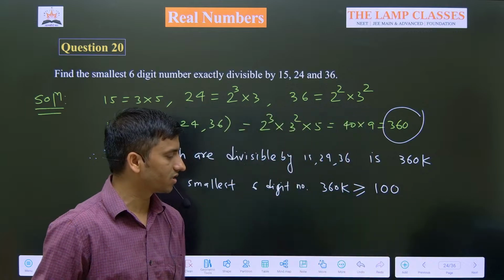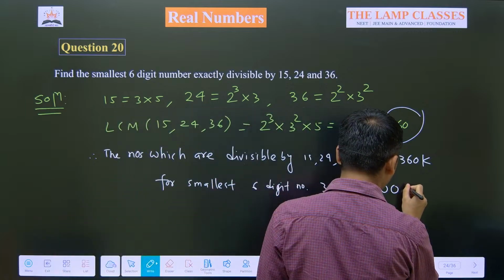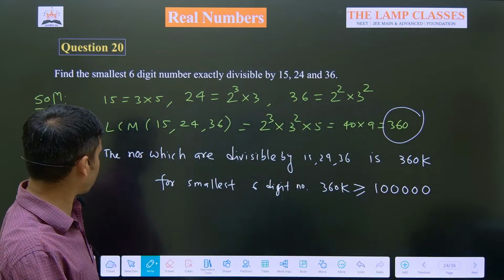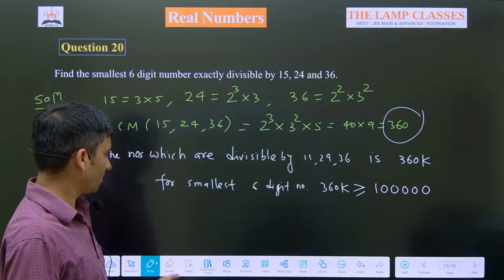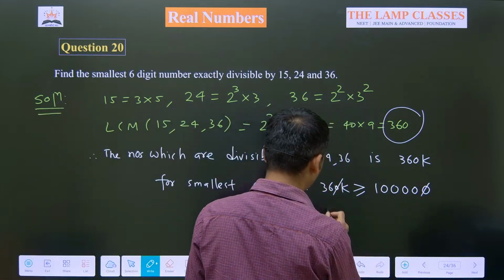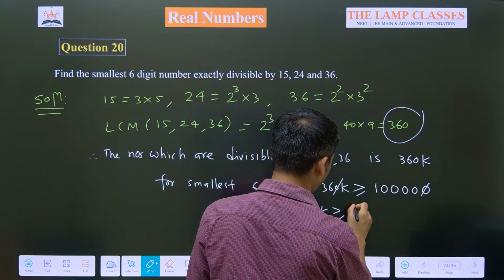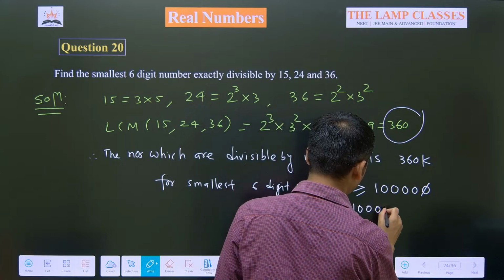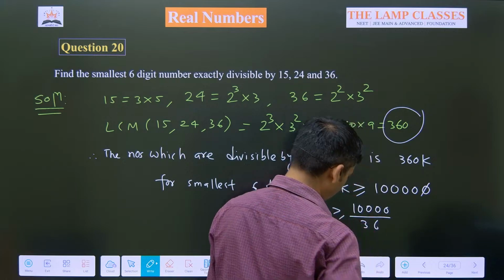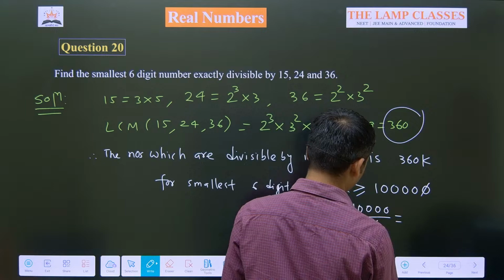What is the smallest 6-digit number? 1, and then we will have 5 zeros. Can we find the smallest such k which satisfies this? Yeah, we can solve, right? So we can cancel 1 0 1 0. k will be greater than or equal to 10,000 upon 36.